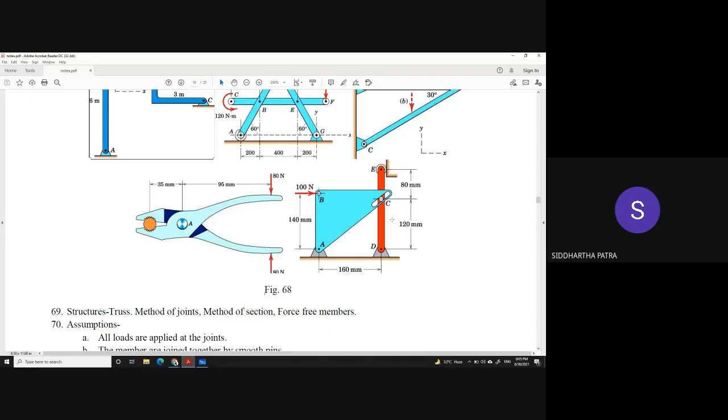How many relative motions can DCE have with respect to ABC? 2, right? Because it can slide along that slotted line without changing orientation, and it can also rotate about C, because it's a circular peg in a slotted arm. So the assembly ABC and DCE, when not supported by ground, has 5 degrees of freedom.